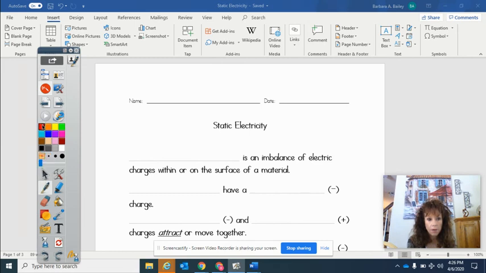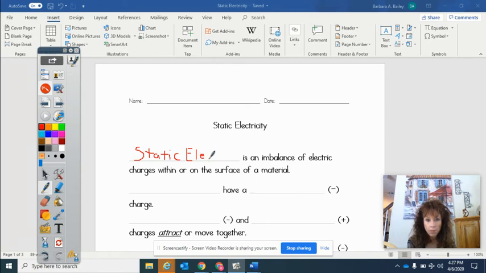here, I'll do it in red, static electricity. So I'm going to write static electricity. And if you run out of room, you can just abbreviate or write it above.